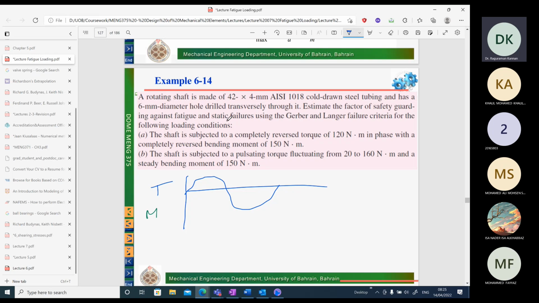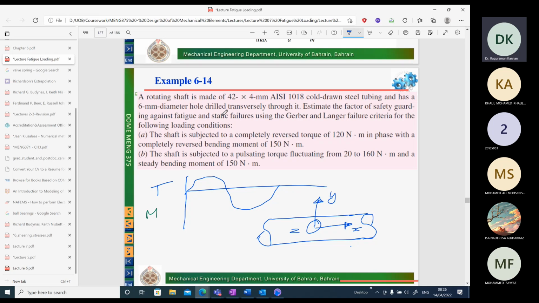So you can draw a shaft and fix the directions first, X, Y, and Z axis coming out of the board.